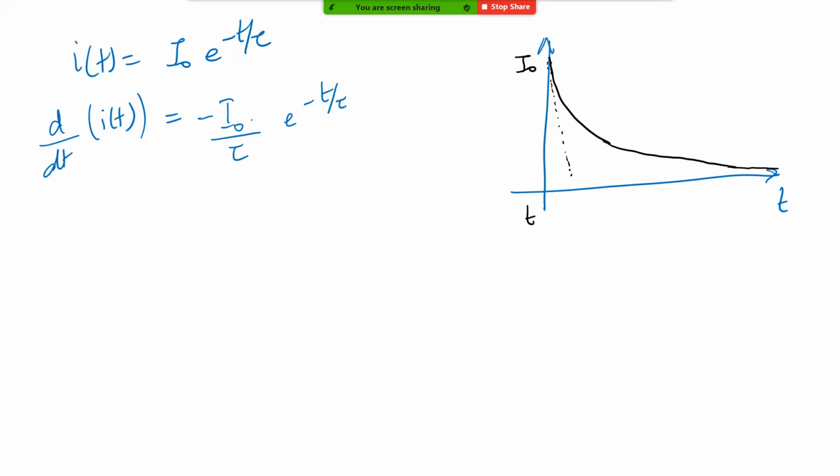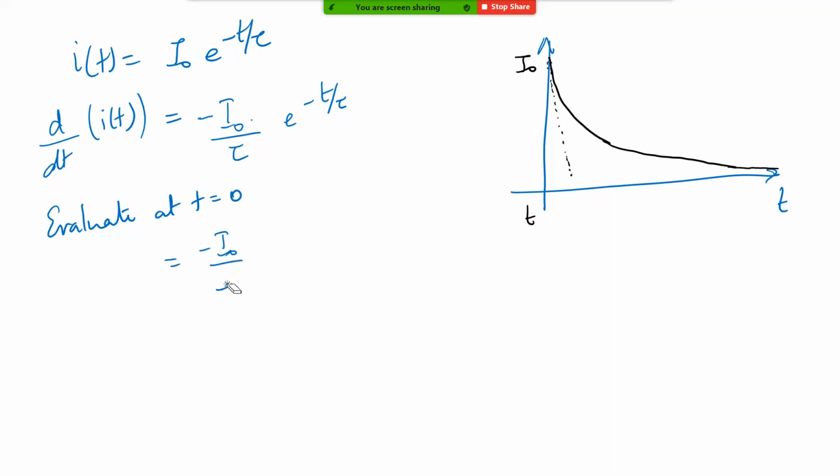Now if you were to evaluate this differential at t equal to 0, what happens? The slope becomes minus I naught by tau.